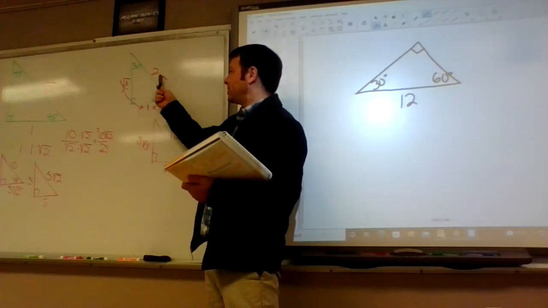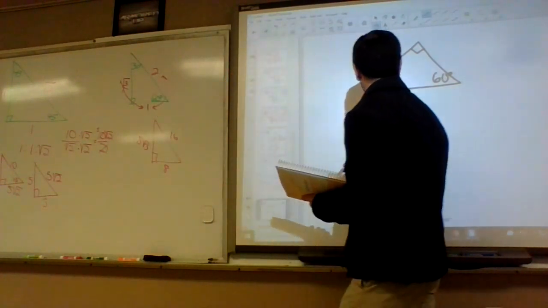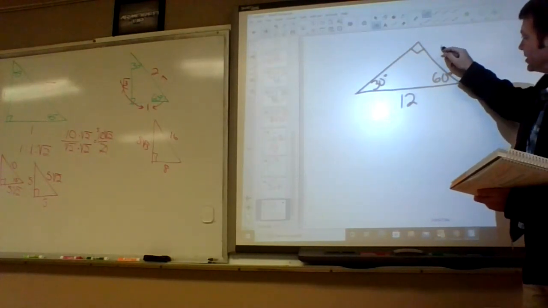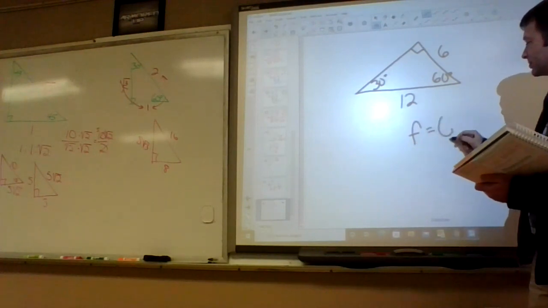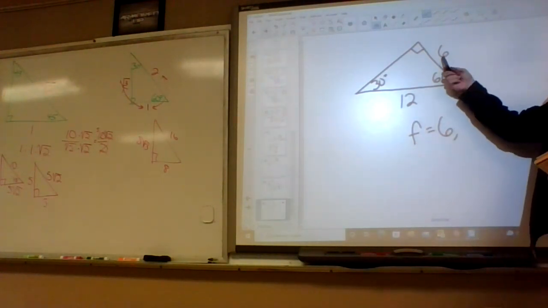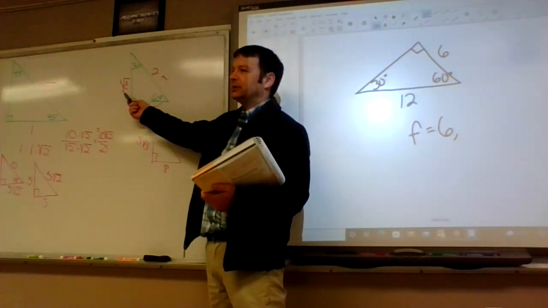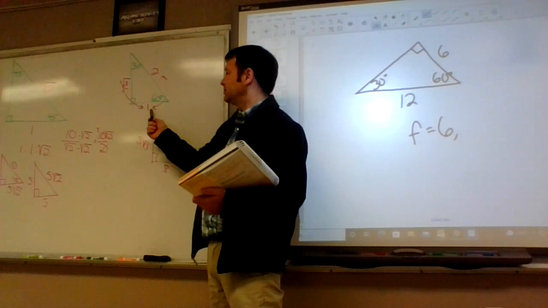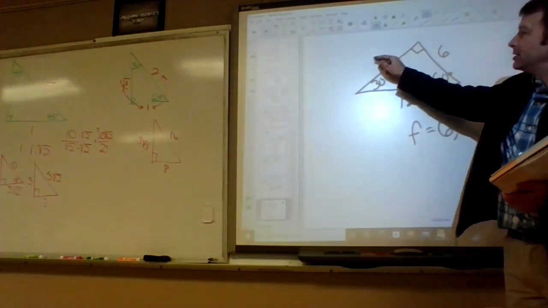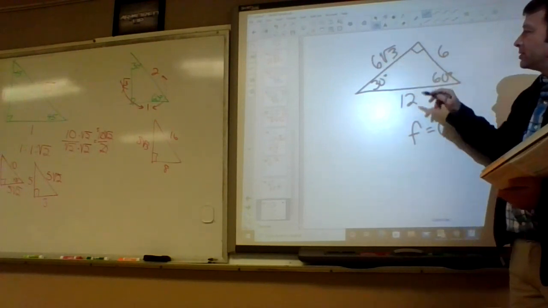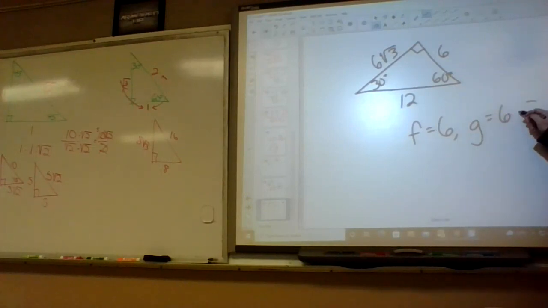It's 2 to 1. That means the hypotenuse is twice as big as the short leg. So if this is 12, the short leg is 6. So this is the short leg on this one. They called it F. So F is 6. And then if the short leg is 6, what's the long leg going to be? 6 square root of 3. You just multiply by square root of 3. So it's 6 square root of 3. And that was the G. 6 square root of 3.